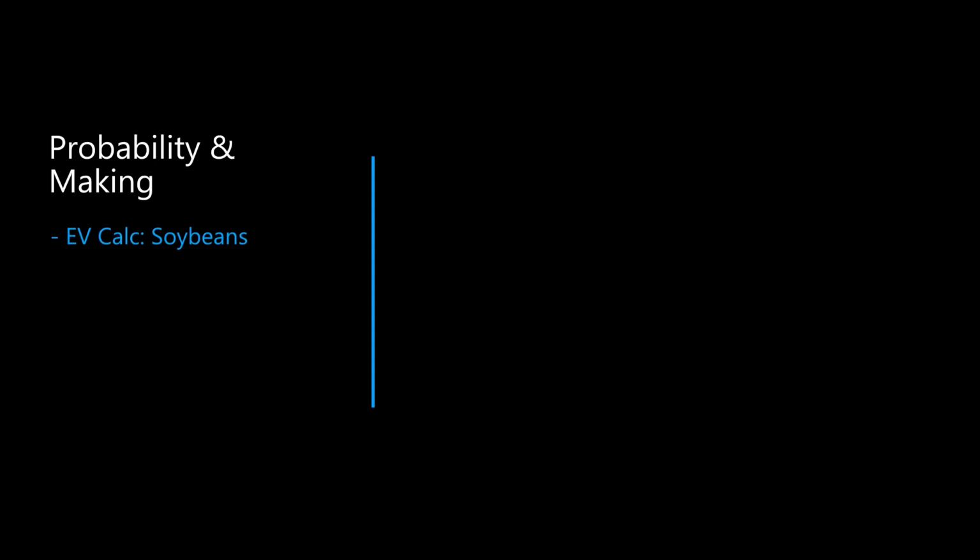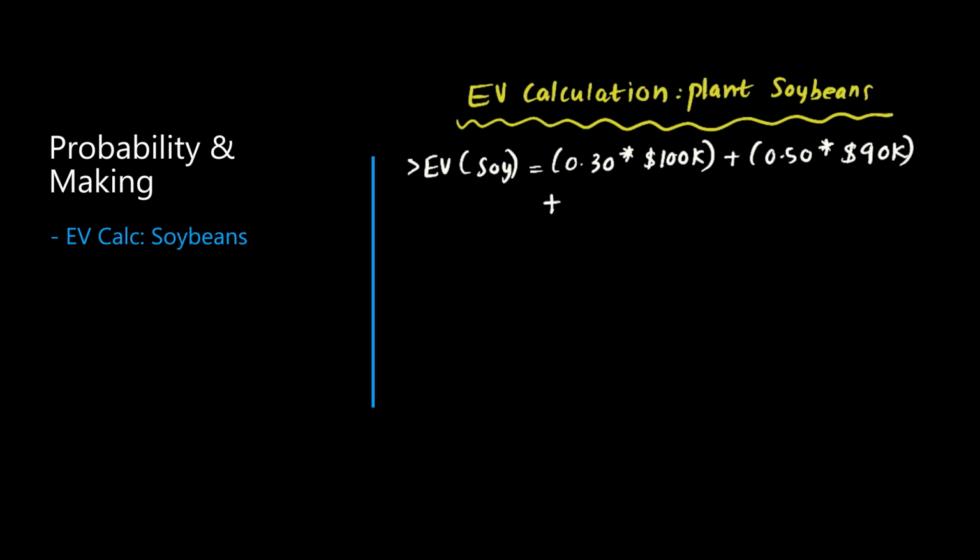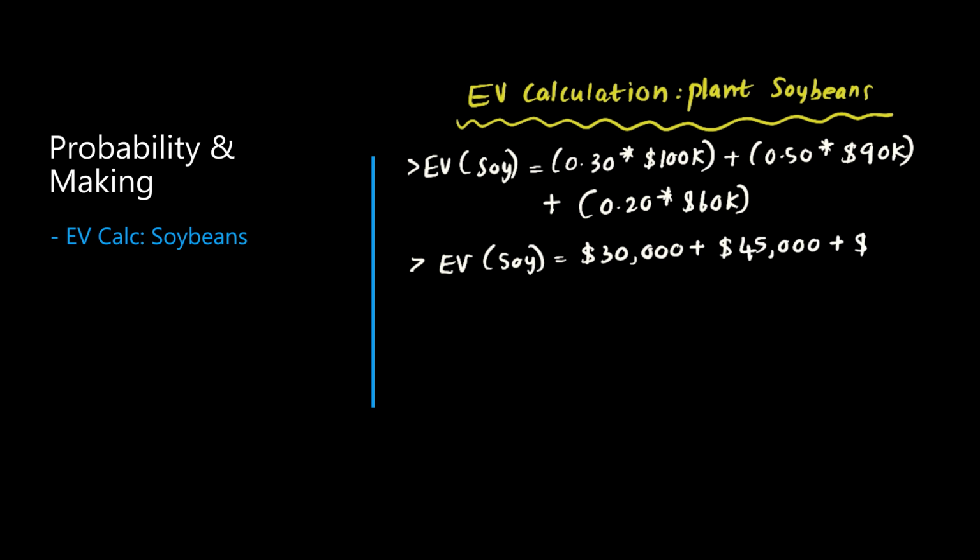Now let's do soybeans. It's 30% of 100,000, which is 30,000, plus 50% of 90,000, which is 45,000, plus 20% of 60,000, which is 12,000. Add them up, 30,000 plus 45,000 plus 12,000 gives an EV of $87,000 for soybeans.